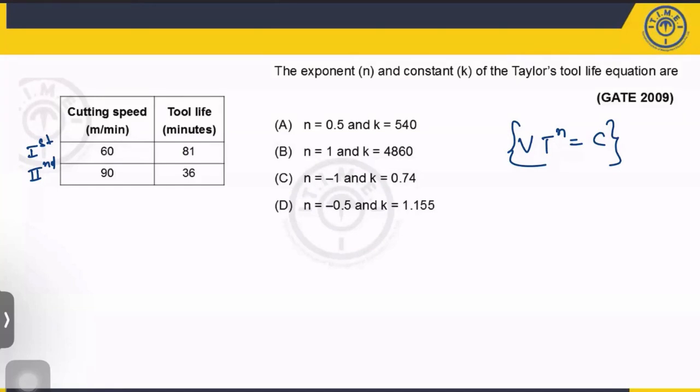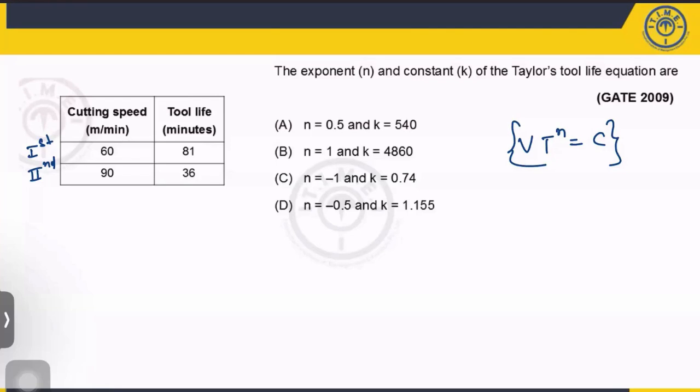Sir, regarding this type of question, I have a doubt. Many days back, I practiced a question in which two cutting speeds and two tool lives are given, just like in this question. But in the third case, they asked what if the cutting speed is around 120 meters per minute, then what will be its tool life?